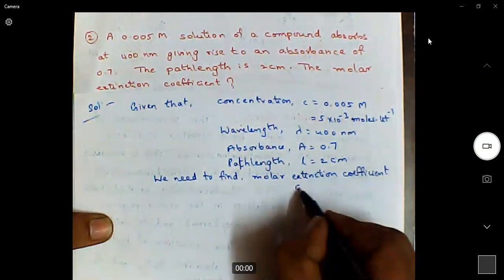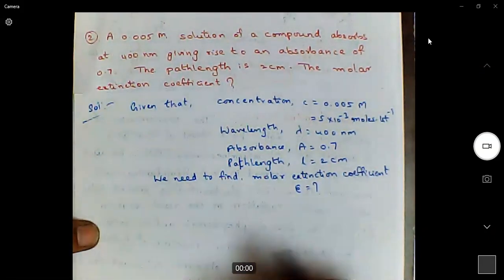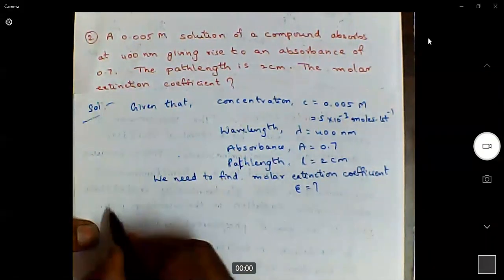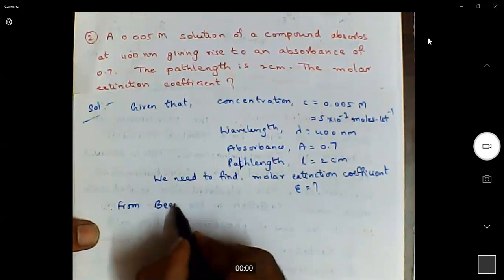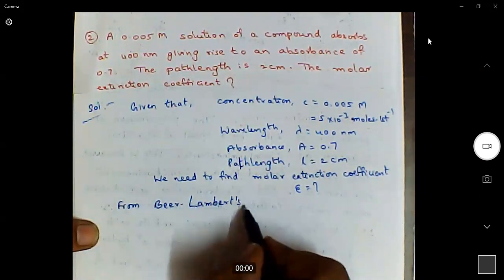What is molar extinction coefficient? It is epsilon. So what is the relation between C, A, L, epsilon? It is Beer-Lambert's law. What is the relation?